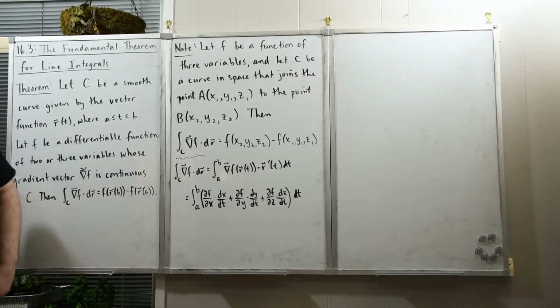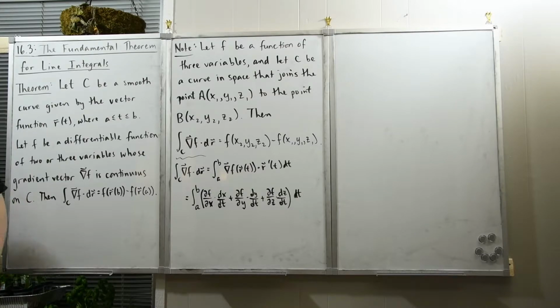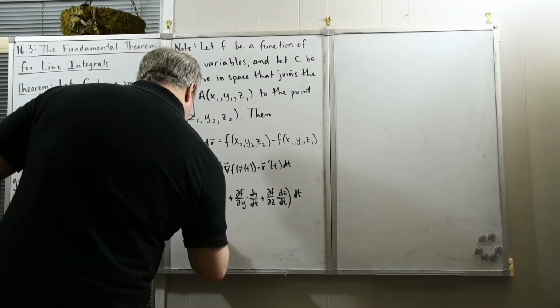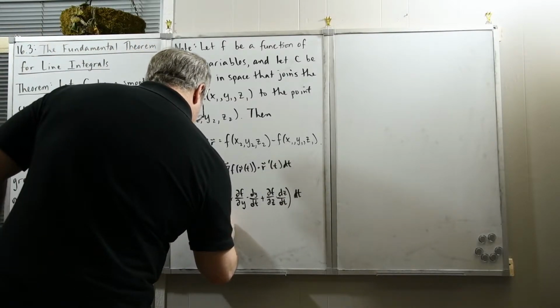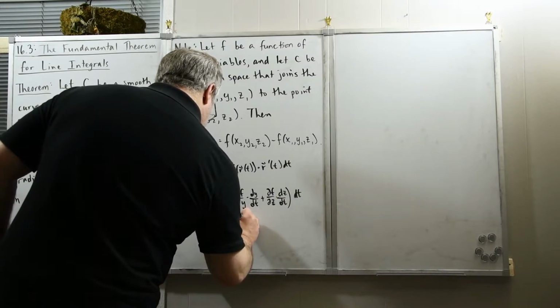However, if you take a close look at what we have in parentheses here, this is really the same thing as the derivative with respect to t of f of r of t. So this is the integral from a to b of the derivative with respect to t of f of r of t dt.